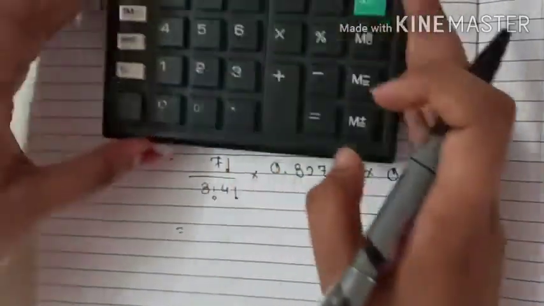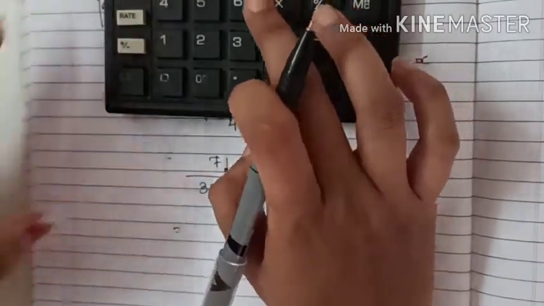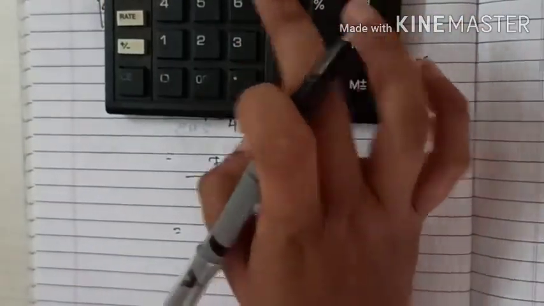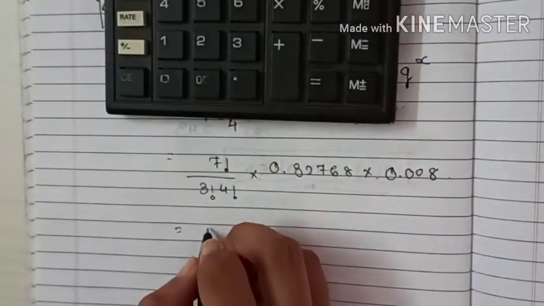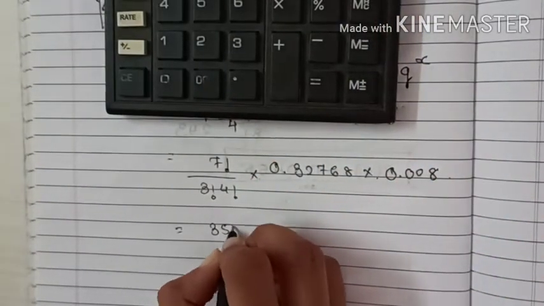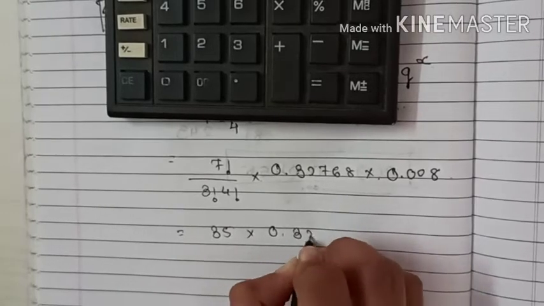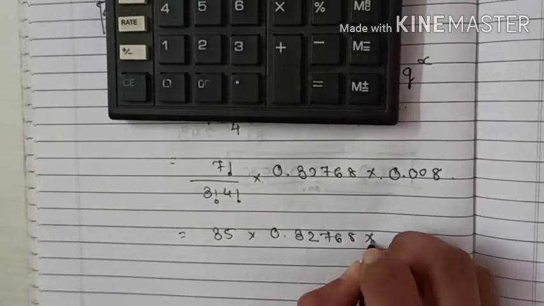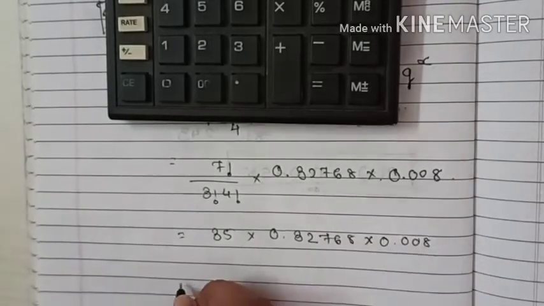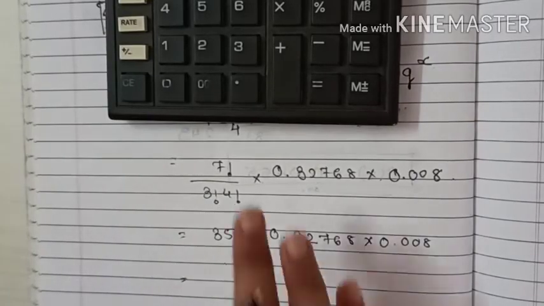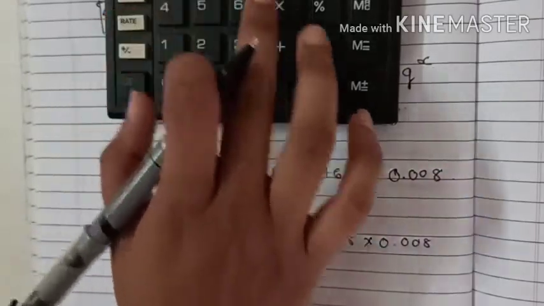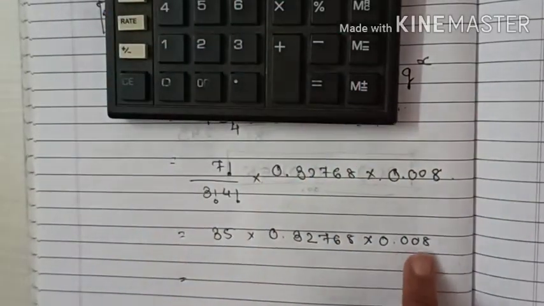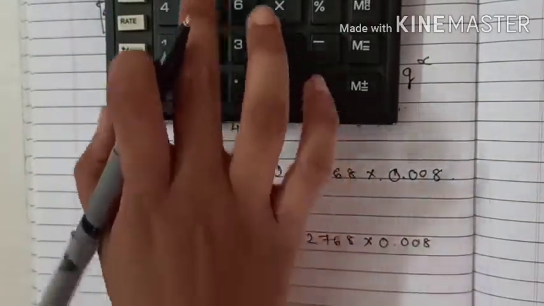So we get the answer 7 into 6 into 5 upon 6, 35. 35 into 0.32768 into 0.008. Some points difference came, it is okay.